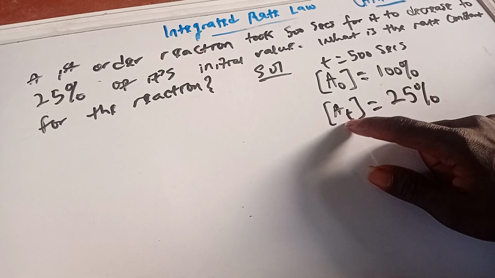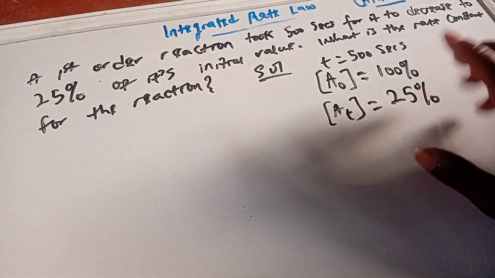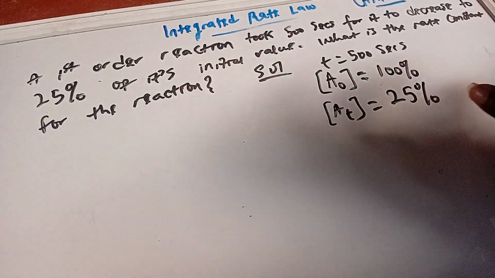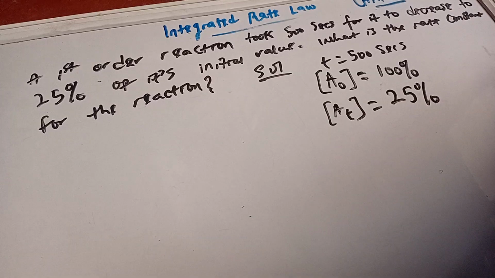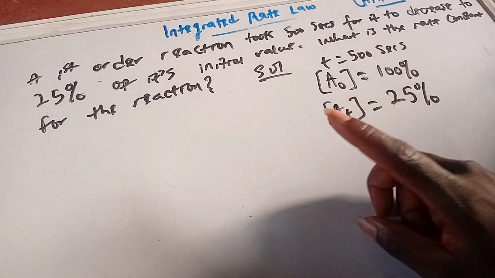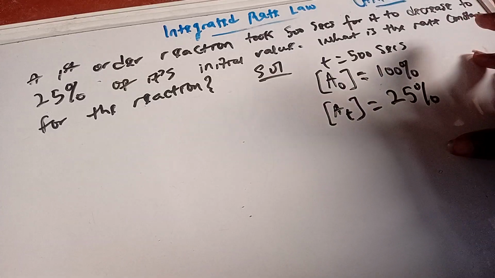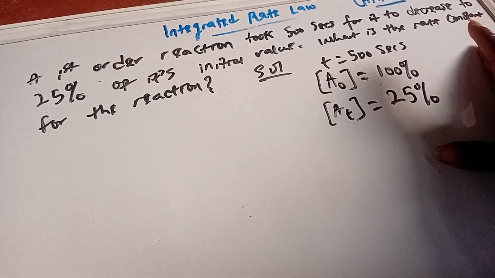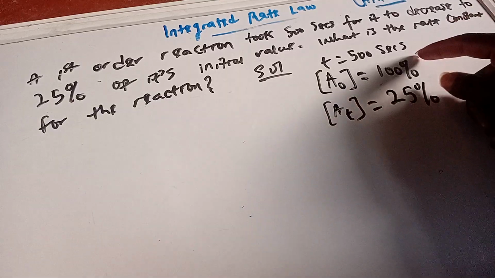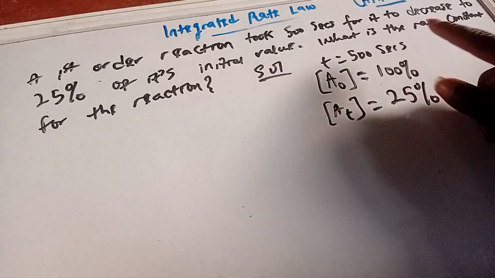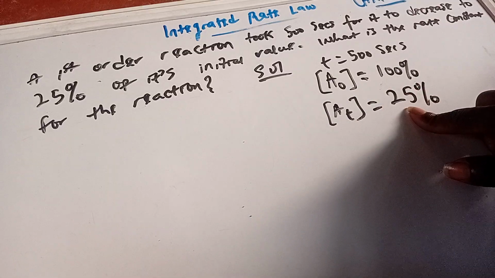So the concentration at a particular time is 25%. Just get it right, there's no confusion there. Sorry for the initial. Let me repeat myself. We use 1 here and 1 over 4 here, or we use 100 here and 25 here.